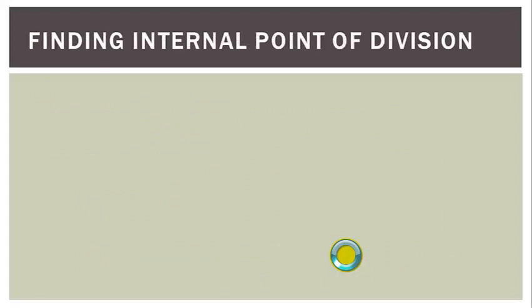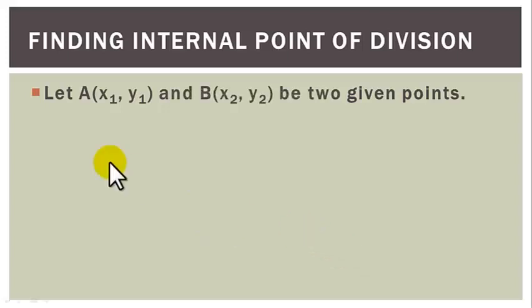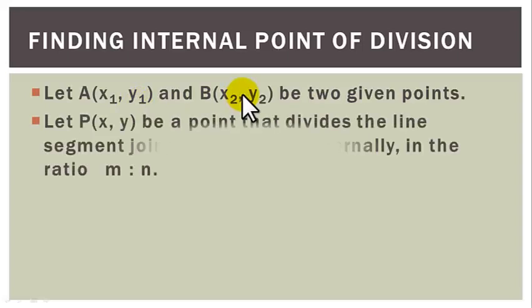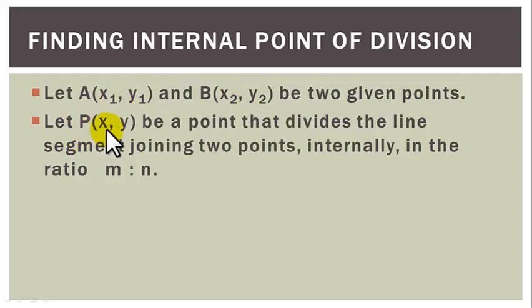Finding internal point of division. Let the points A (x1, y1) and B (x2, y2) be two given points, and let P with coordinates (x, y) be a point that divides the line segment joining the 2 points internally in the ratio m:n.